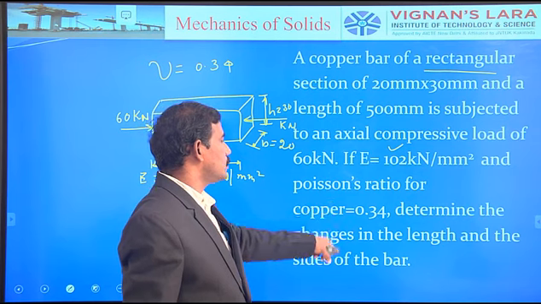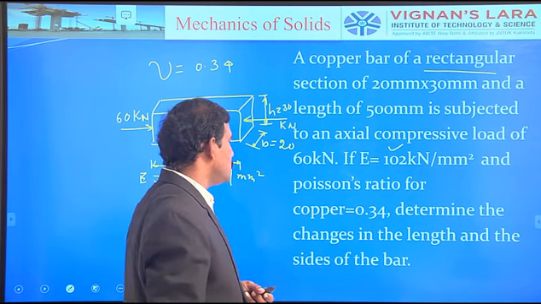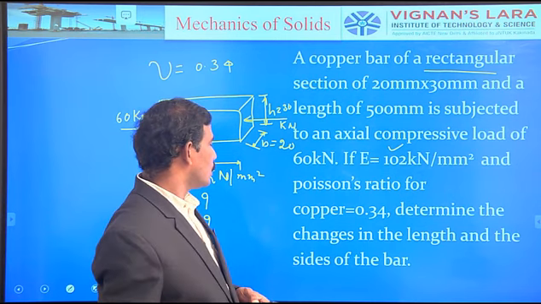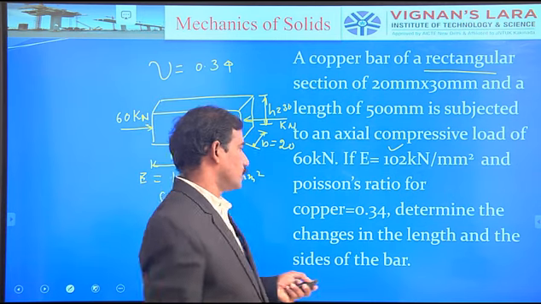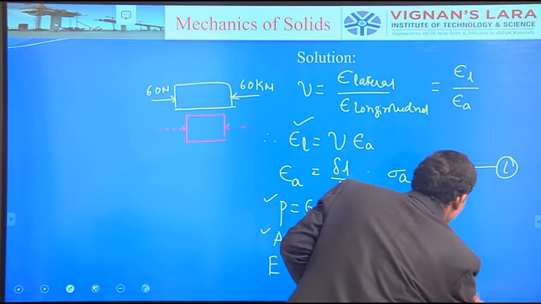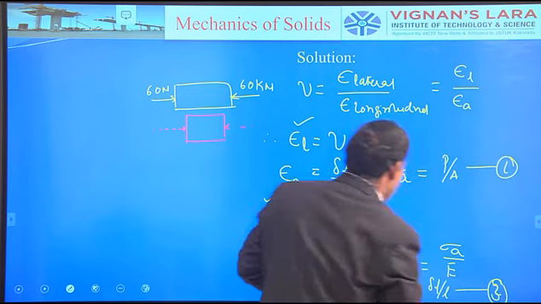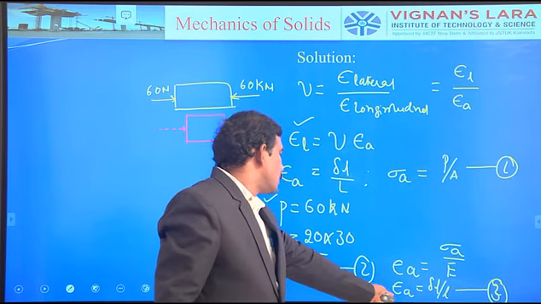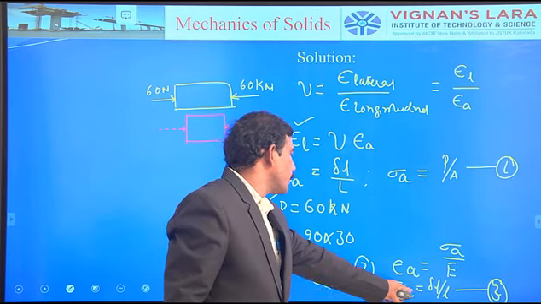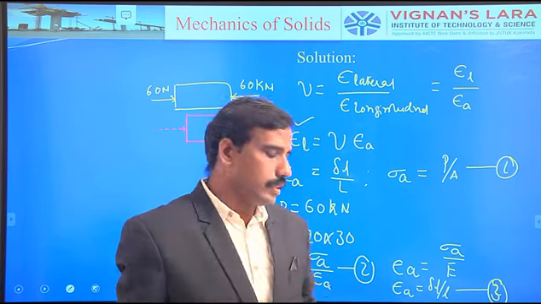Already the examiner, or in a particular problem, asks to determine the change in the length of the bar. That is the first case. So from this equation number 3, since you know epsilon A and you know L, you can calculate delta L.